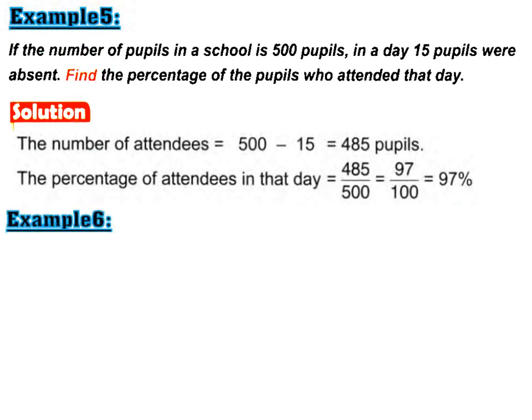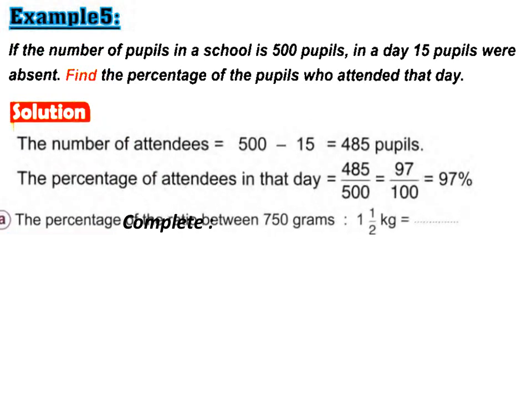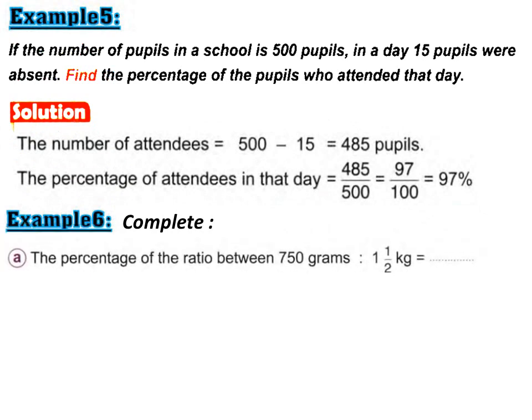Okay. Example number 6. Complete the following. Number 1, letter A: the percentage of the ratio between 750 grams to 1.5 kilograms. As we know, we can't do the ratio between two different quantities, grams and kilograms, so we will convert kilograms into grams. 1.5 kilograms equal 1,500 grams.